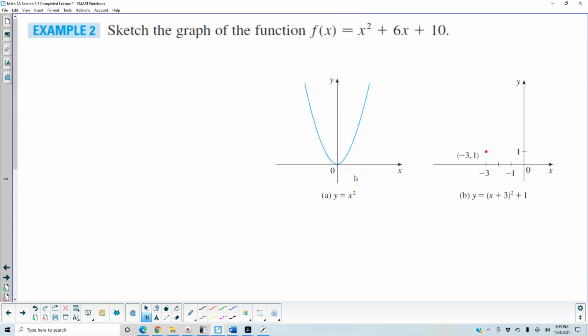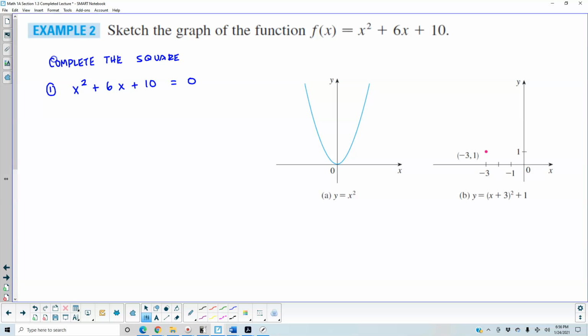So what we need to do is we need to complete the square. So in order for us to do that, we have x squared plus 6x plus 10, and we can set that equal to 0.